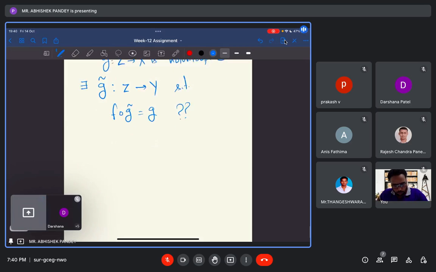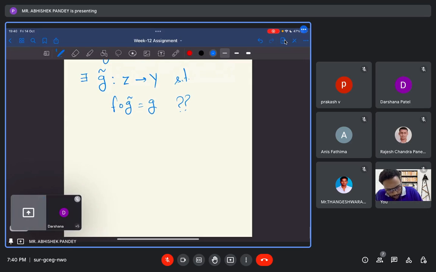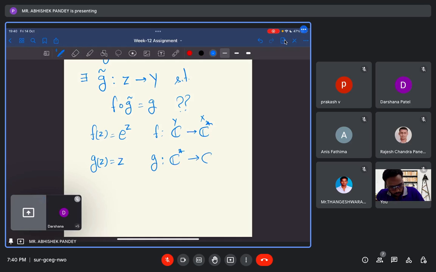So what we will do is, let f(z) equals e to the power z. Basically f maps C to C star. So this is your Y, this is your X, and g(z) equals z. g maps C star to C star.